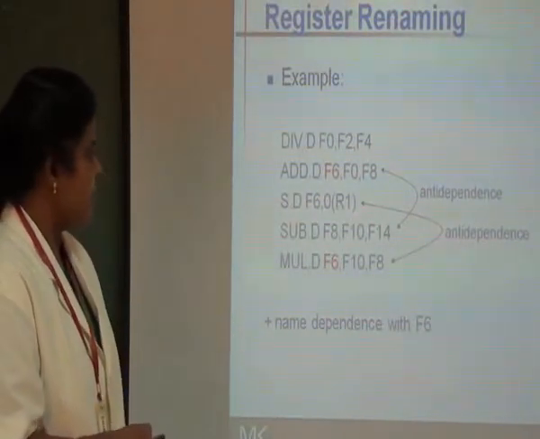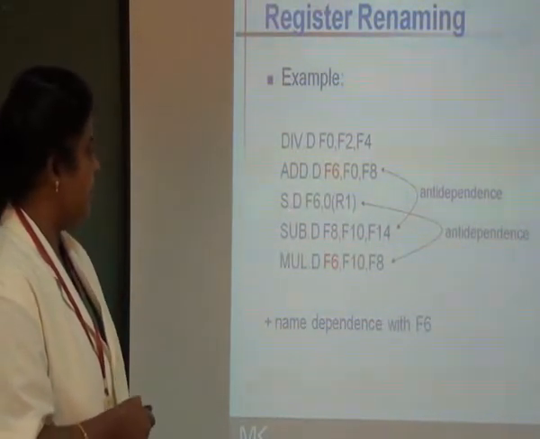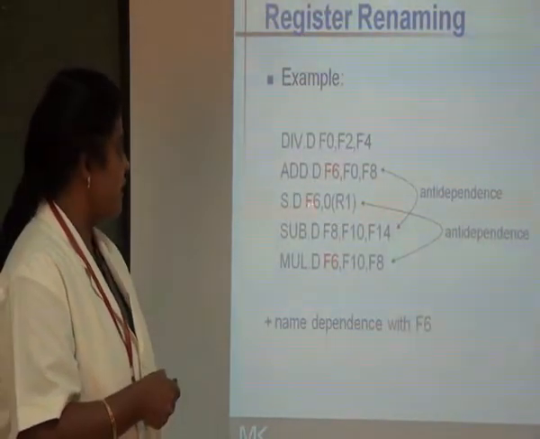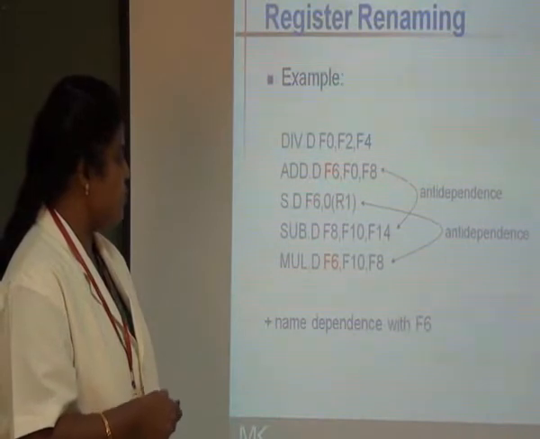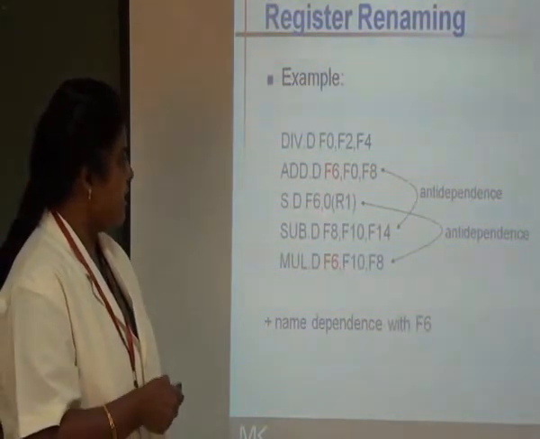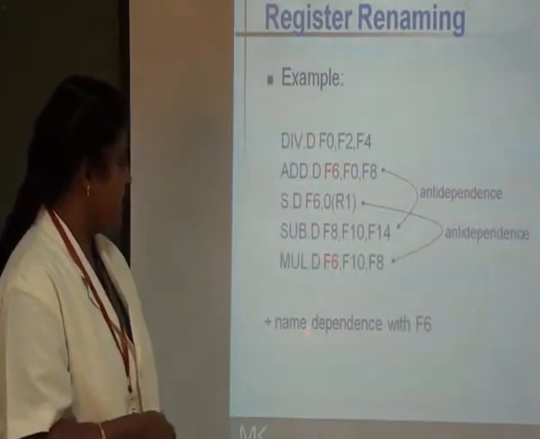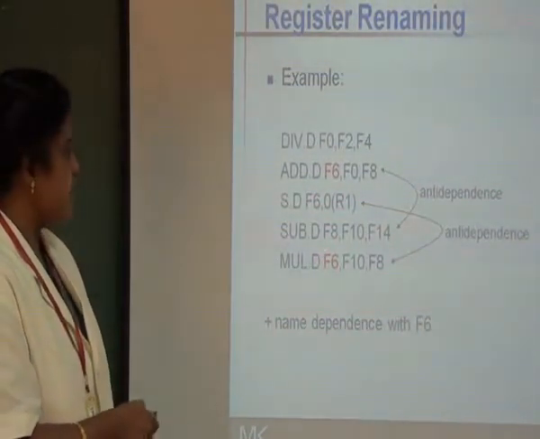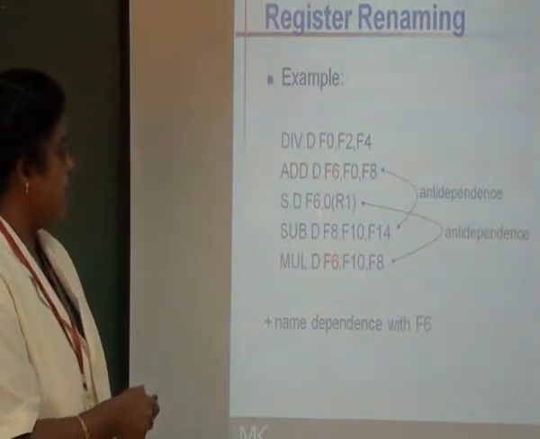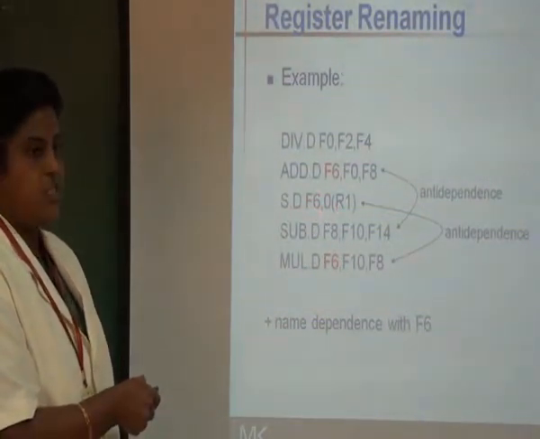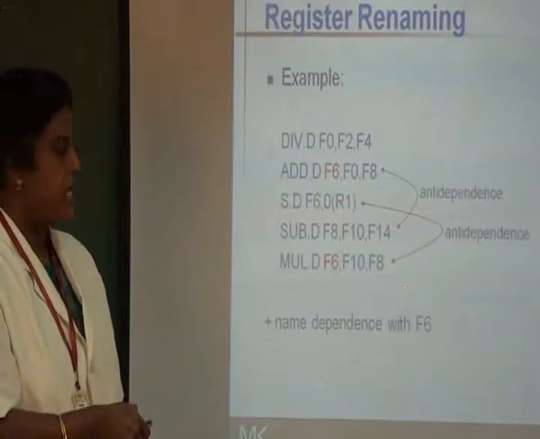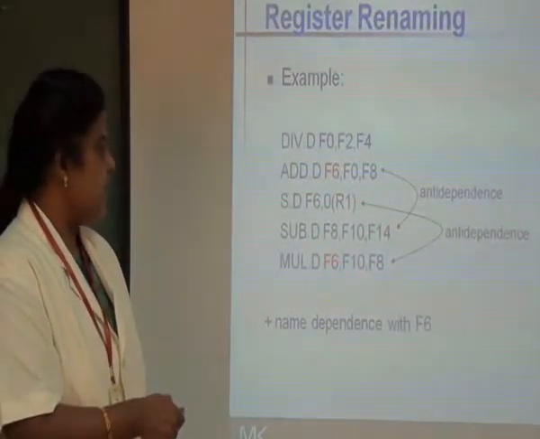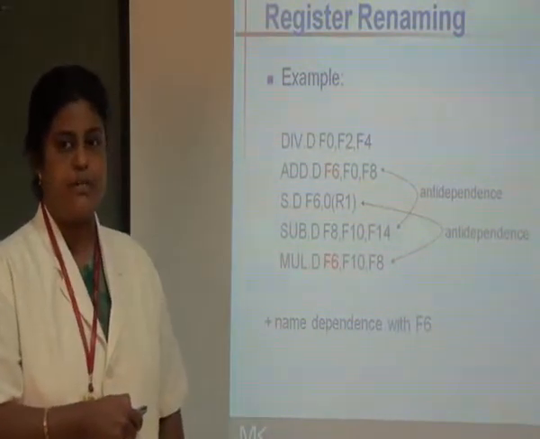And once again we also have anti-dependence existing between the store operation and the multiply operation, where the register F6 is used in both the cases. So in these cases, what you actually find here is we have a name dependence with F6, because F6 is the same place where the output of this instruction is going to be written, and F6 is also the same place where the output of this multiply instruction is going to be written.